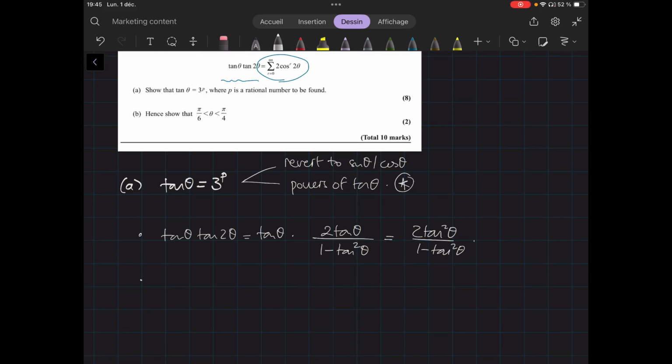Look at the right-hand side. The right-hand side is a geometric series. The first term is cosine of 2 theta to the 0. The common ratio is cos of 2 theta.